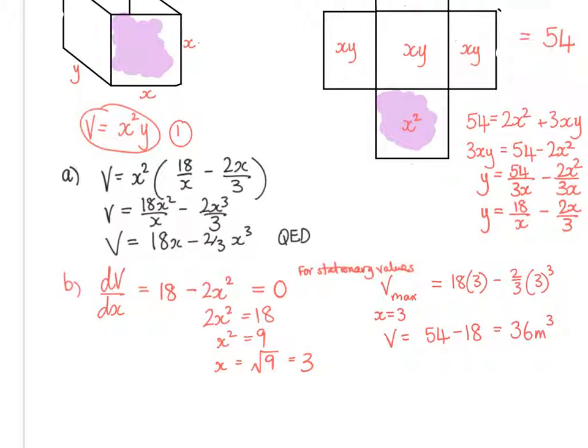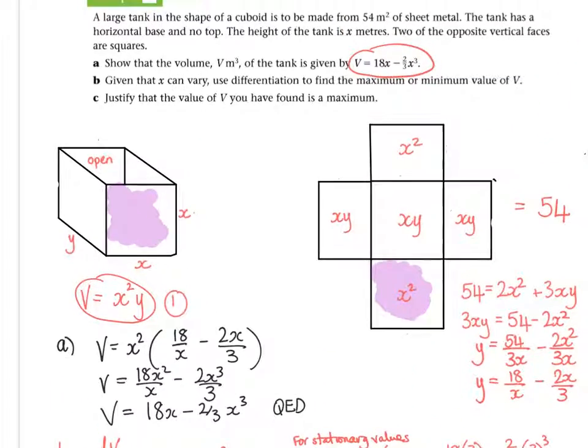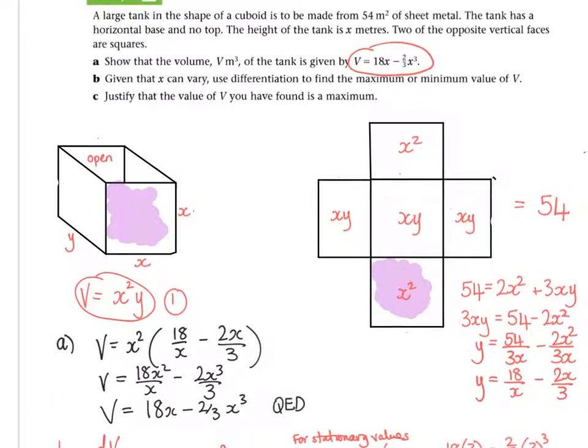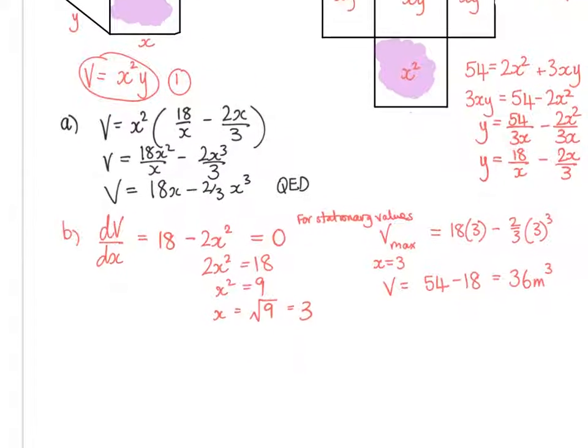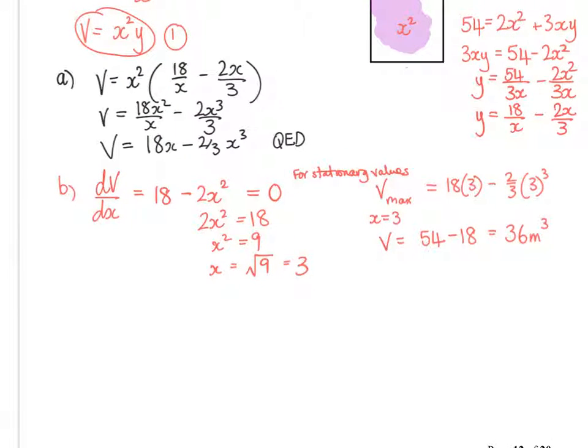So we're just assuming that x gives us a maximum, but if we look back at the question, it says justify. So to justify it, we've got to look at our second derivative.